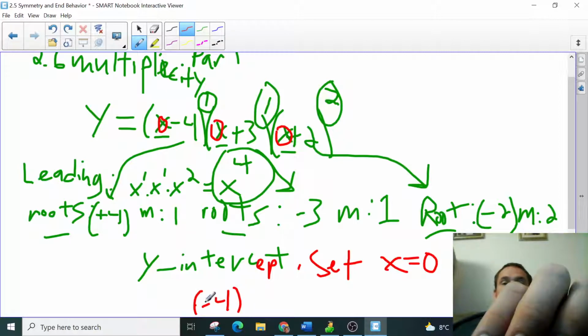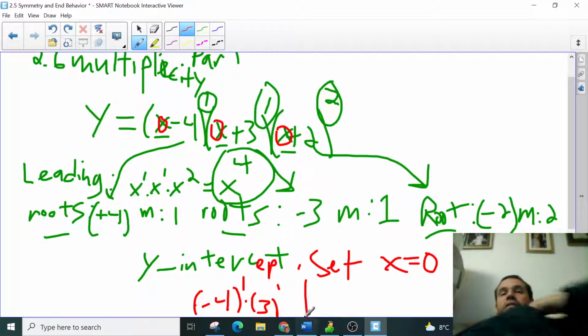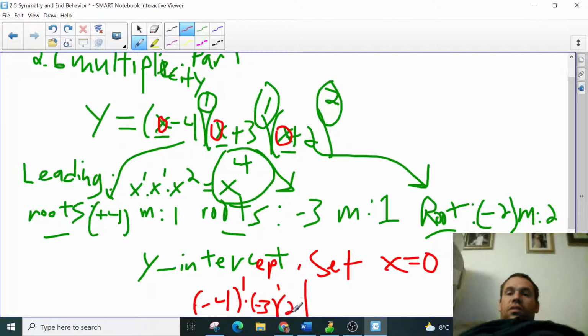Okay, so then what are we doing? We're multiplying exactly how we see it. So negative 4 to the first power times, we have a negative 3 to the first power next. And then last but not least, we have 2 squared.